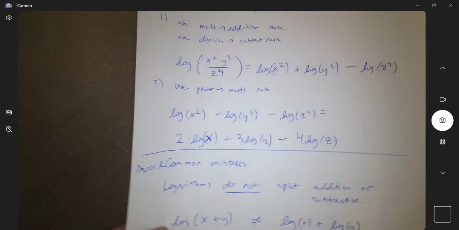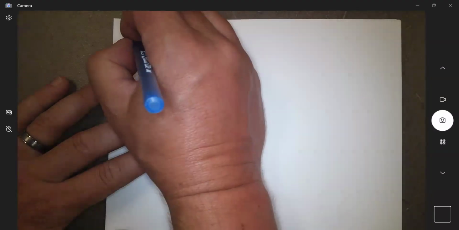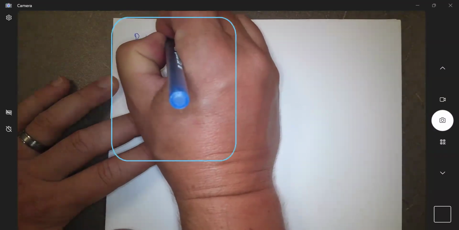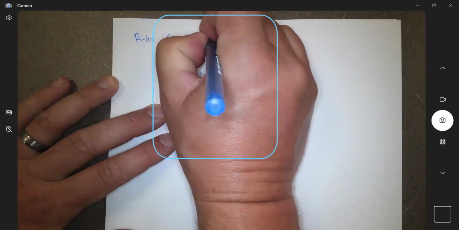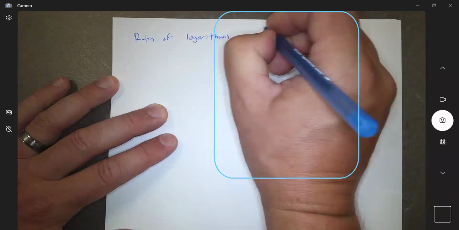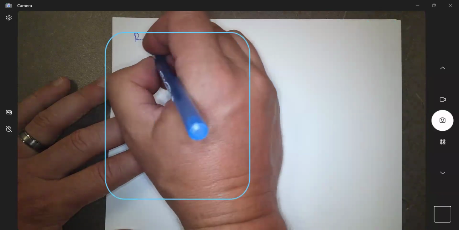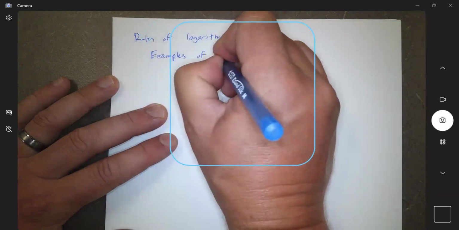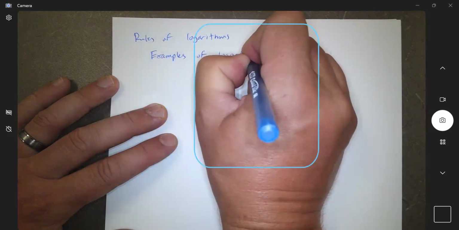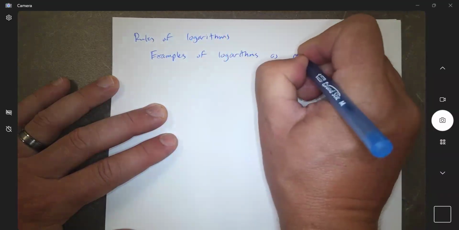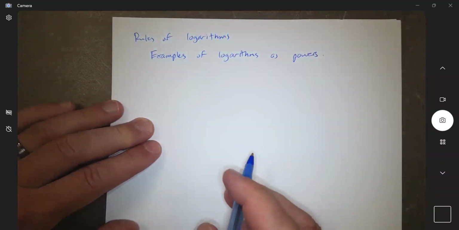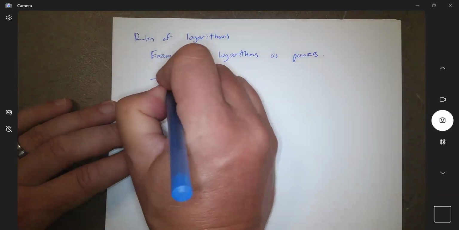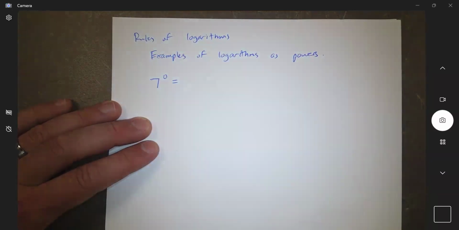Okay, a couple more. They're technically rules of logarithms, but I like to think of these as really examples of logarithms as powers. 7 to the 0 is 1.